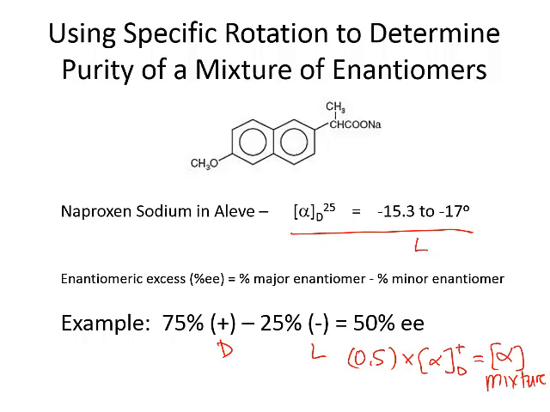When they subtract, give you that number, and then that gives you the percent enantiomeric excess. Notice that if it was 50-50, if it's racemic, that's 0. 0 times specific rotation is 0. So that's where the idea of the racemic mixture having a specific rotation of 0 comes from.